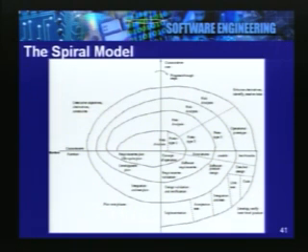They enumerate alternatives, evaluate those alternatives, identify the risks, and build a development and carry out evaluation for the next phase. So, the spiral model addresses the different risks and can be used in large projects where both the requirement risk and the development risk are present.